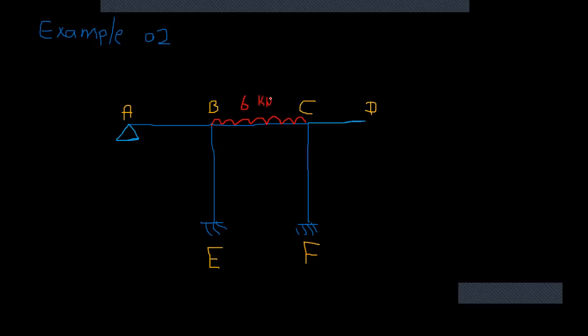Don't be upset, it's just something that always comes to my mind. It's 6 kilonewton because it's easy to simplify: the fixed moment is wL squared over 12, so it gets cancelled. That's why. Here I would have a bending moment of how much?